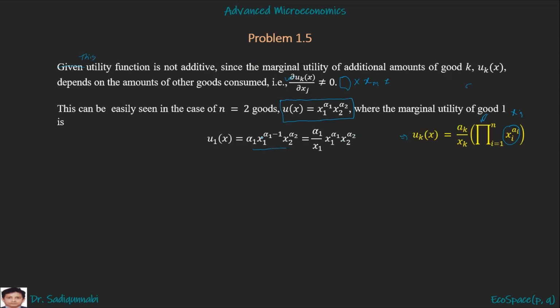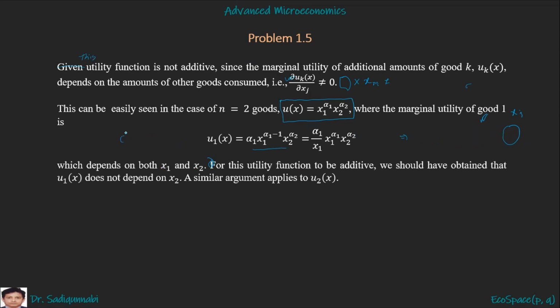If we take the derivative of u1 with respect to x2, this will be equal to alpha 1 divided by x1 times x1 to the power alpha 1 times the derivative of x2 to the power alpha 2.